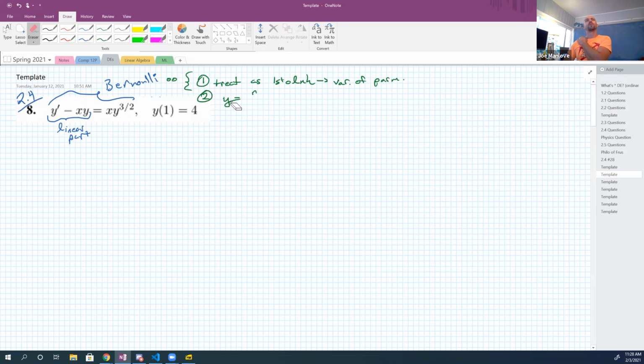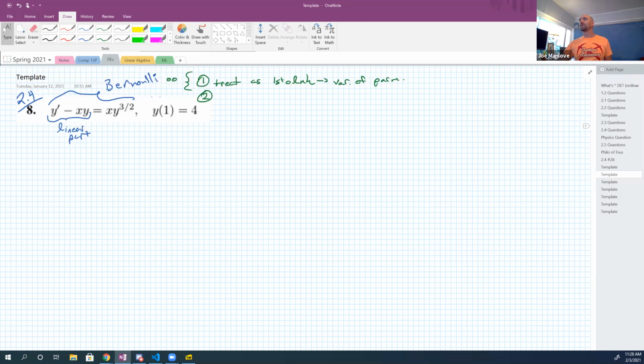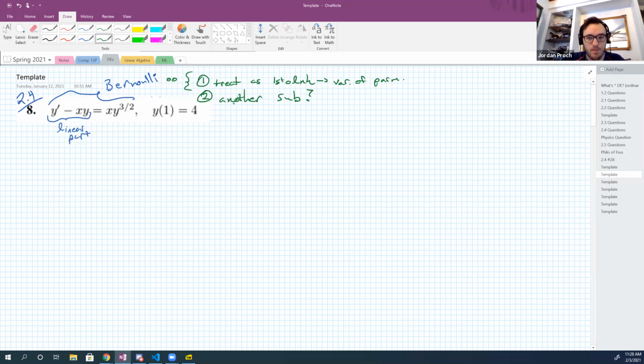This is not right, that one's for a different one. It involves y1 or something like that. I don't want to waste a bunch of time, but there is another substitution which I have now forgotten and should look up. I really prefer this first thing so much that I've apparently completely forgotten this other substitution. If you were looking it up, do you know what you would look up? Yeah, it's the Bernoulli substitution.